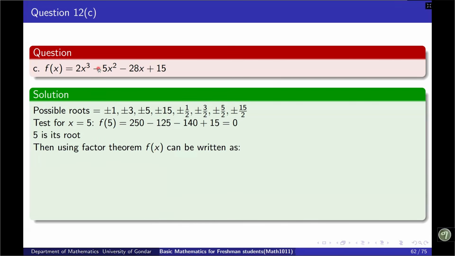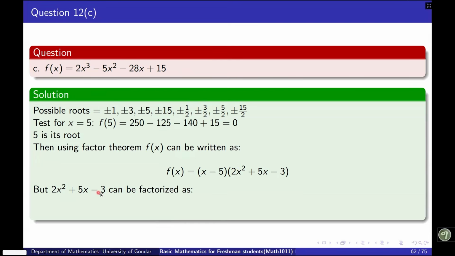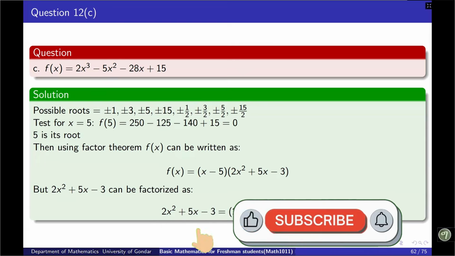Therefore, if we apply the factor theorem, if 5 is a root of this polynomial function, x minus 5 must be a factor. If we divide this one by x minus 5, f of x can be written in this pattern, that is the quotient, which is obtained by dividing this cubic polynomial function by the first linear factor, x minus 5. But 2x squared plus 5x minus 3 can also be factorized as 2x minus 1 times x plus 3.